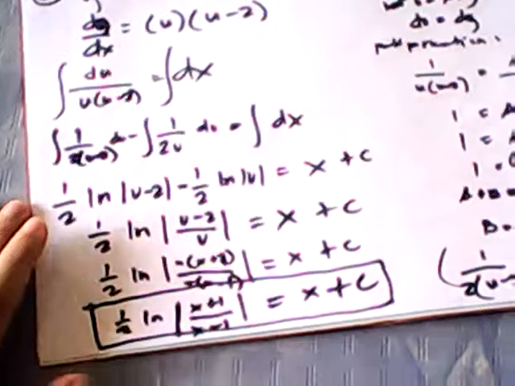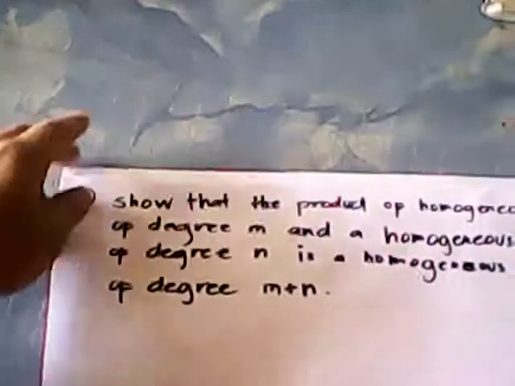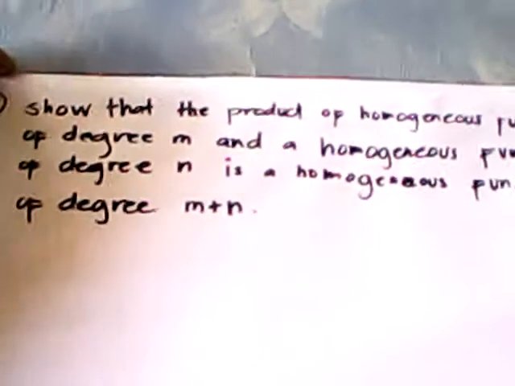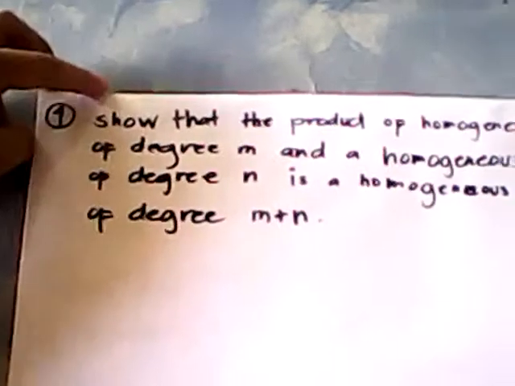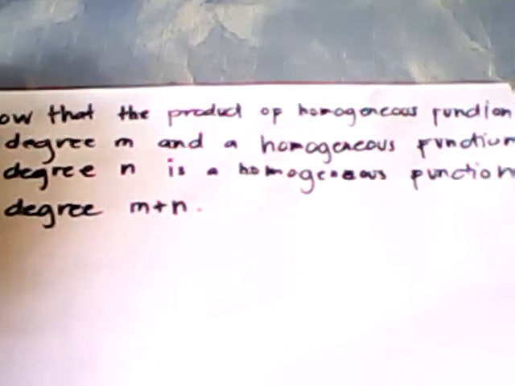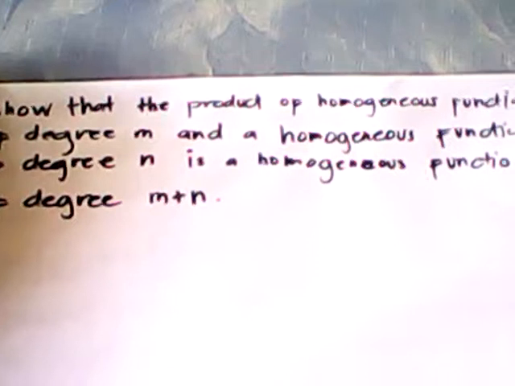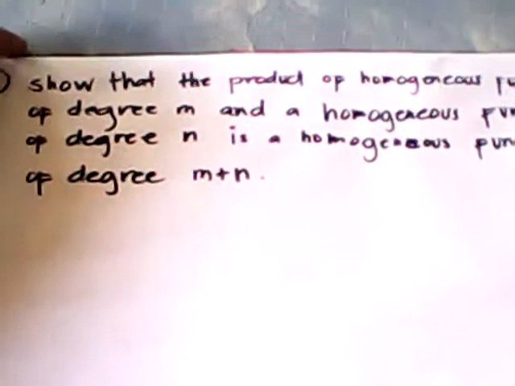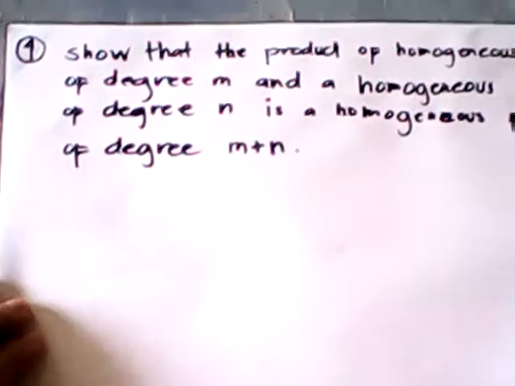The fourth problem is show that the product of a homogeneous function of degree m and a homogeneous function of degree n is a homogeneous function of degree m plus n.